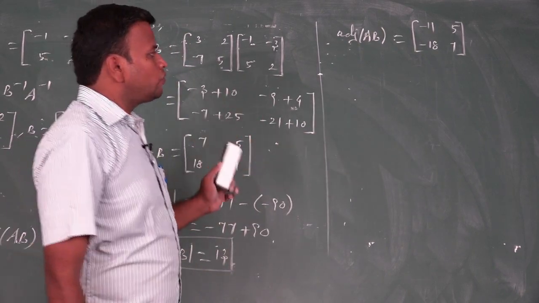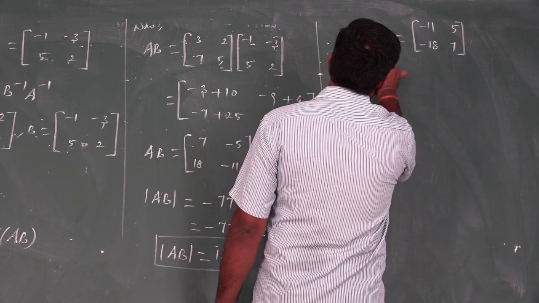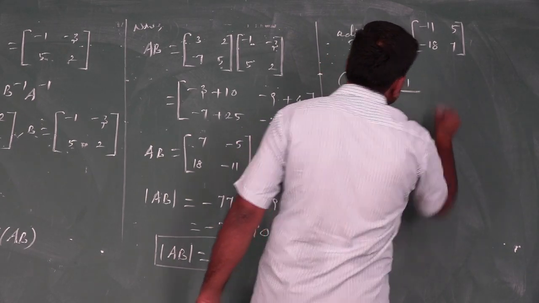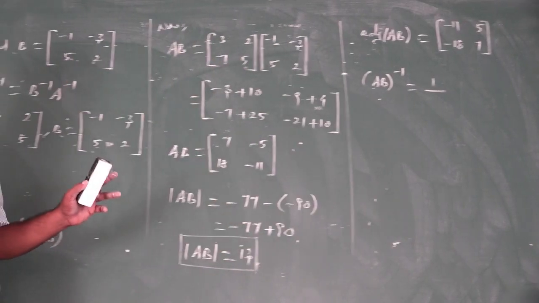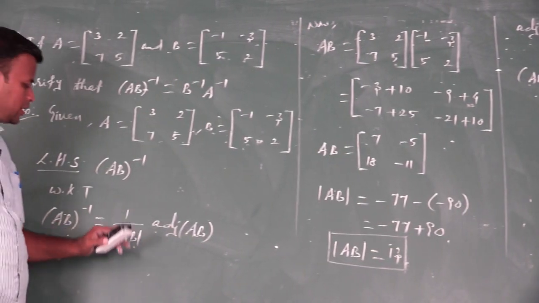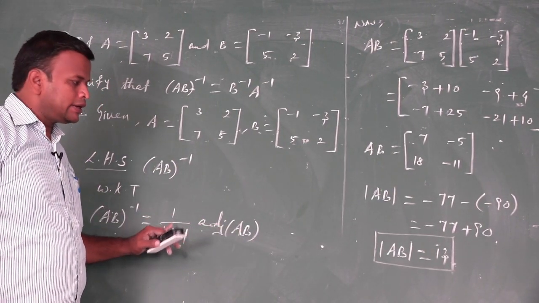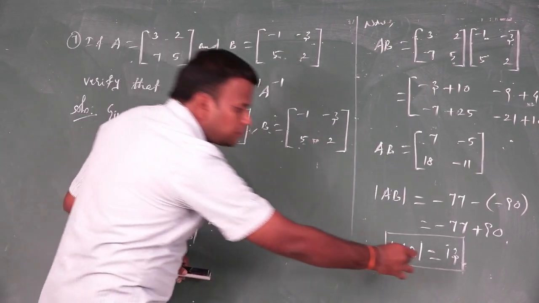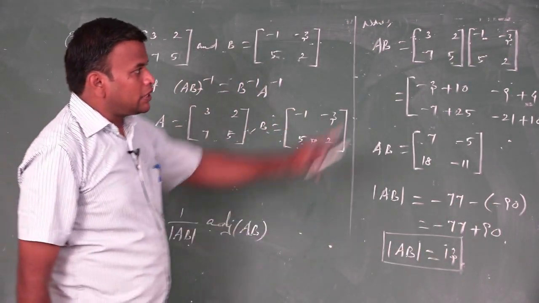Now we use these two values in AB the whole inverse. The formula of AB the whole inverse is 1 by determinant AB into adjoint of AB. The value of determinant AB is 13, and the adjoint of AB value is there.